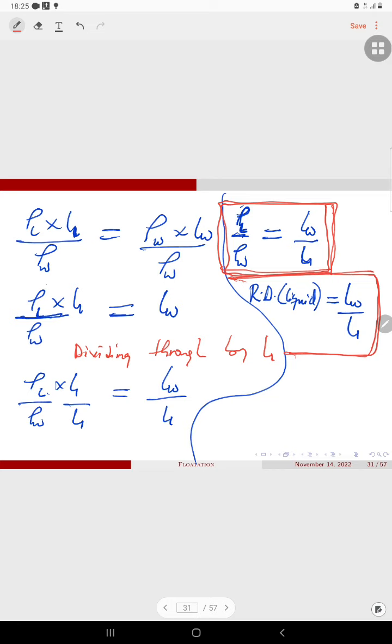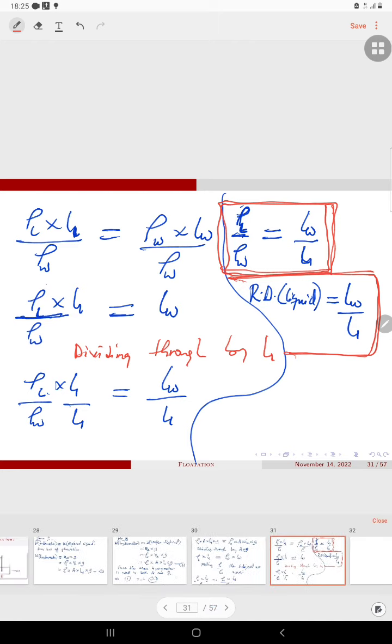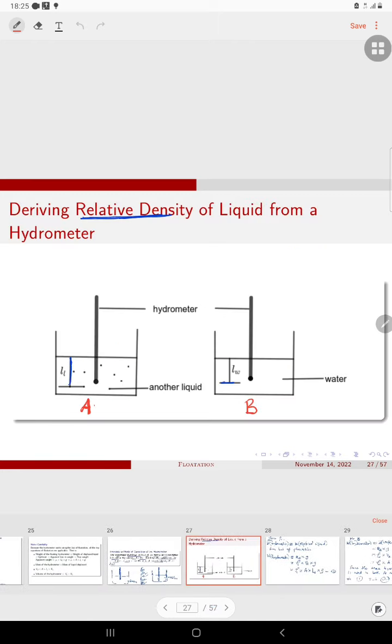All right. So LW, what is LW? LW is the length of the submerged part of the hydrometer in water. Then LL is the length of the submerged part of the hydrometer in another liquid.